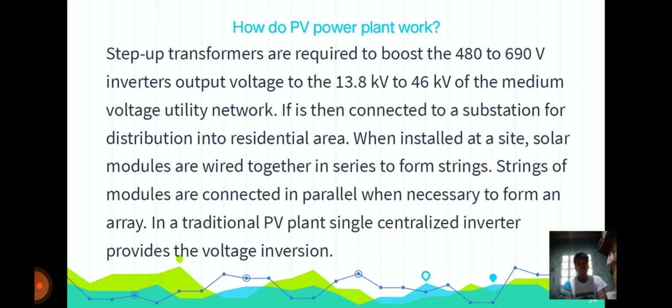It is then connected to substations for distribution into residential areas. When installed on site, solar modules are wired together in series to form a string. Strings of modules are connected in a panel when necessary to form an array. In a traditional PV plant, a single centralized inverter provides the voltage inversion.